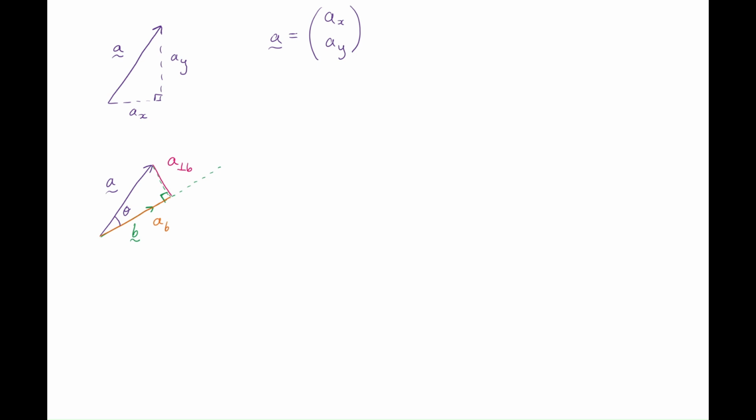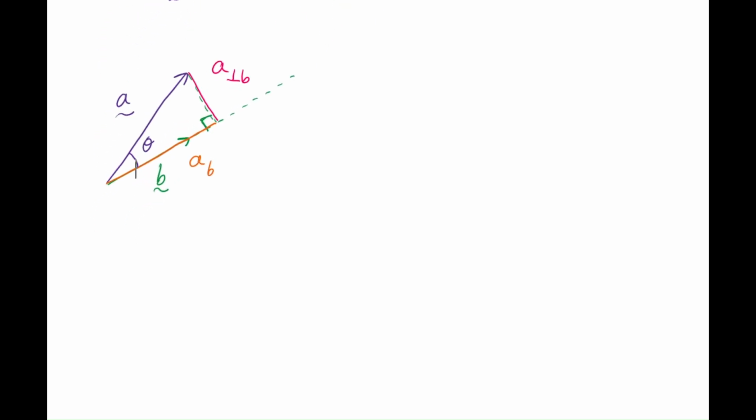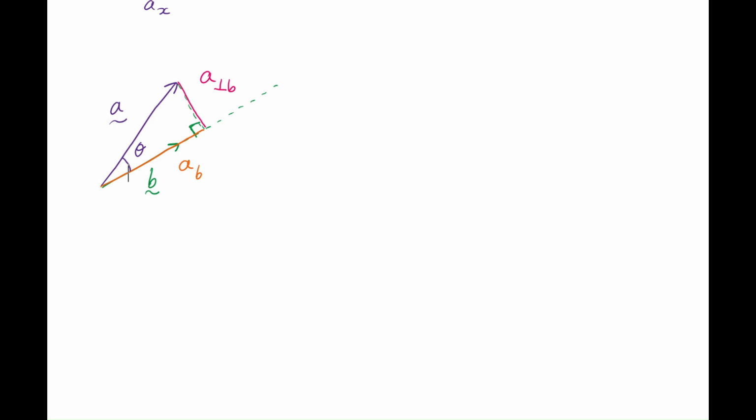Okay, so first of all, I want to write down some initial relationships from this diagram. So let's zoom in slightly. Thinking about the orange vector, the component of A in the direction of B, this is running along the adjacent side of my right angle triangle, so I can write an expression using cosine of theta.